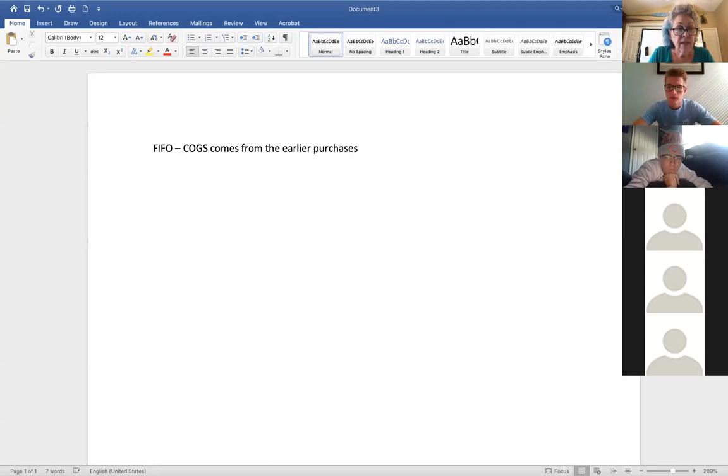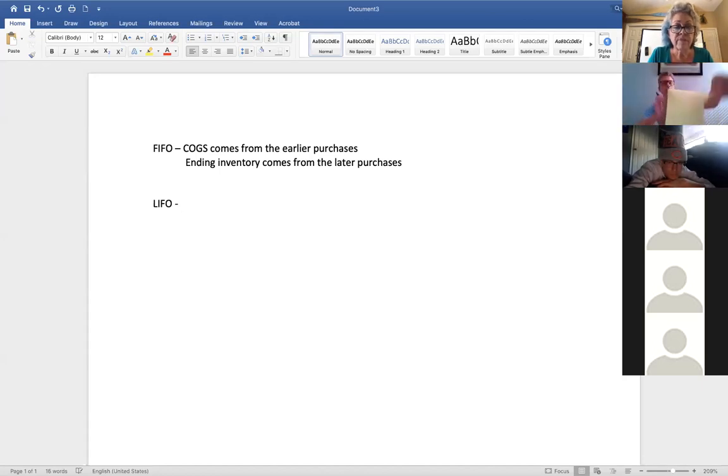And ending inventory comes from the later purchases, okay? So under LIFO, it's going to be the opposite. LIFO obviously is last in, first out.